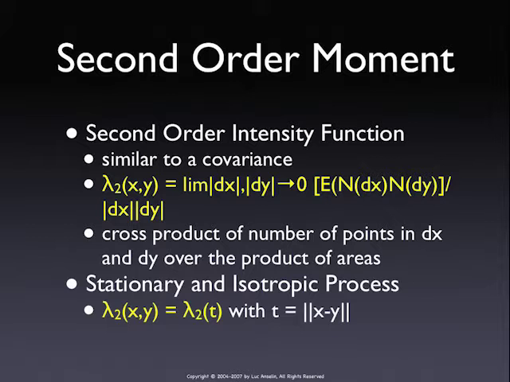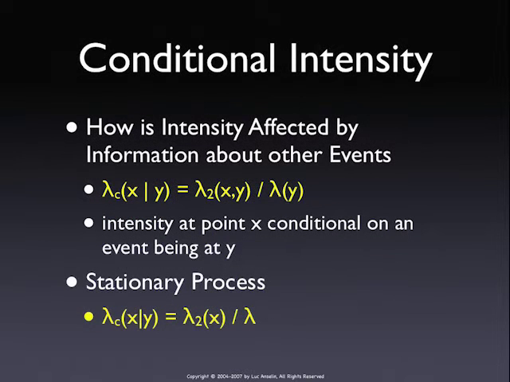Okay. So now, this is nice in theory, and we can go a little further. Just as we have joint distributions and conditional distributions, we can think about the conditional intensity. The previous one was the joint intensity. You multiply the two together.